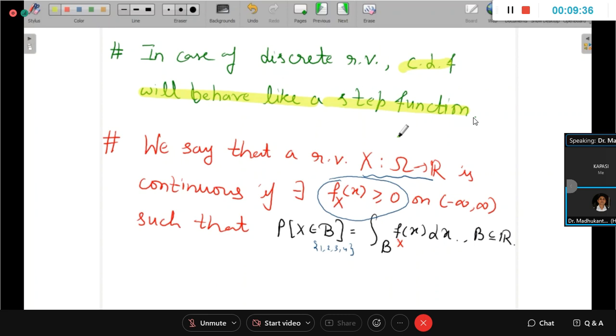Now we have also given the definition of a continuous random variable.